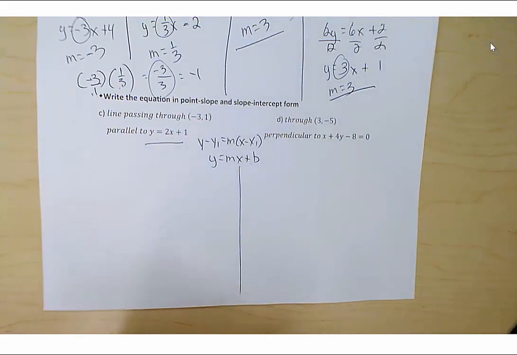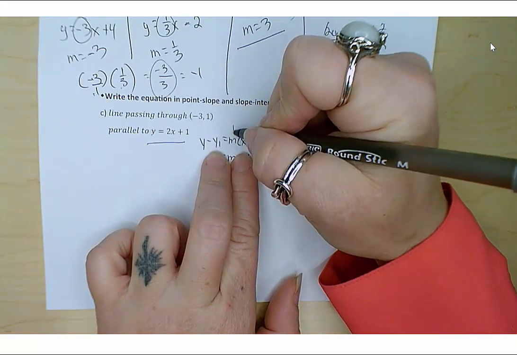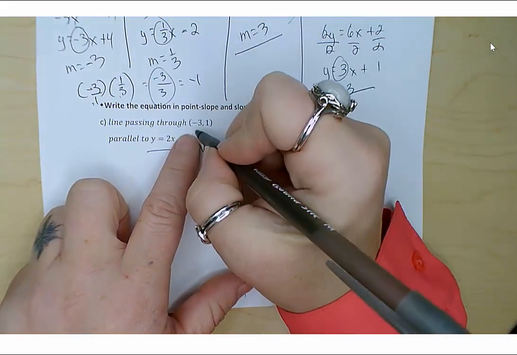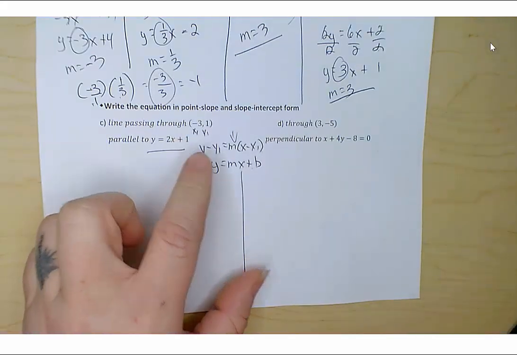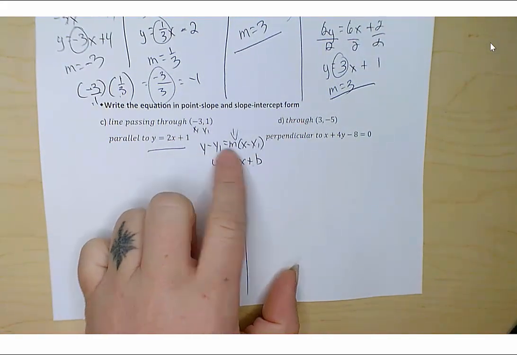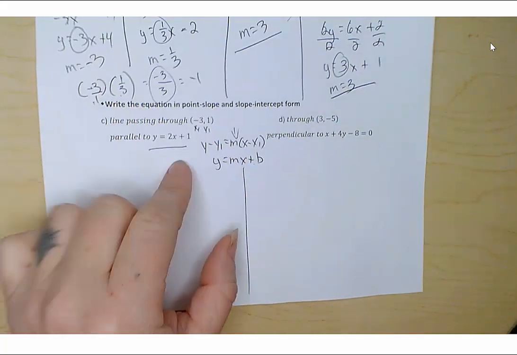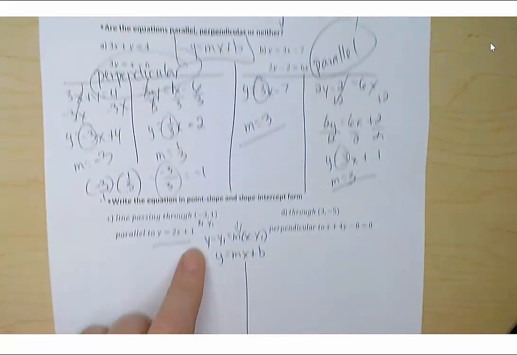Now, in order to write an equation of a line in point slope, we need the slope, and then we need a point, our x1, y1. We're given a point, so this negative 3, 1 will be our x1, y1. The only other thing we need to figure out in order to write our equation is what the slope is. And that's going to come from the second piece here. They're telling us that our line is parallel to this one.